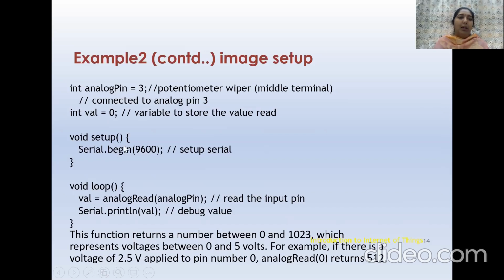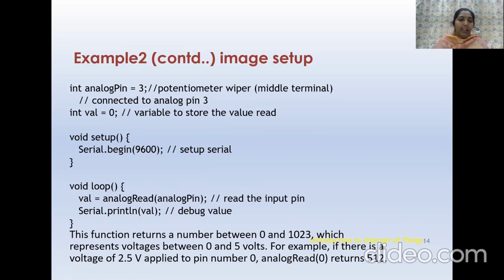In the setup function, we have used one more term, Serial.begin, which is used to set up the baud rate. Anyway, these functions will be discussed in later lectures. Presently, remember that Serial.begin is used to set up the serial functions, and 9600 refers to the baud rate.